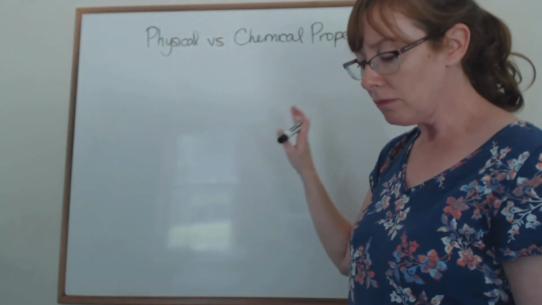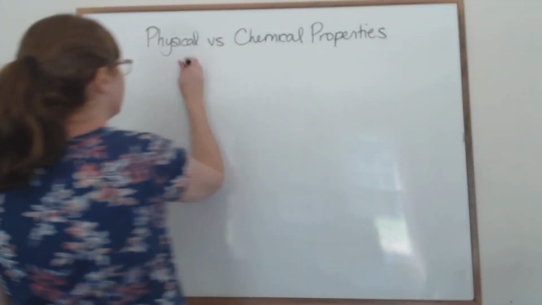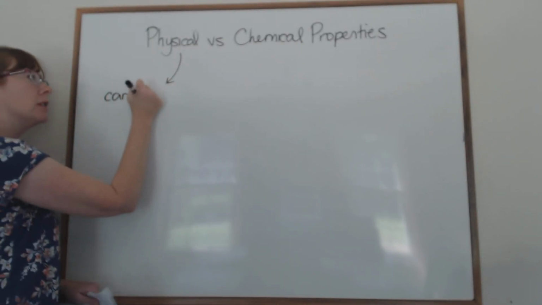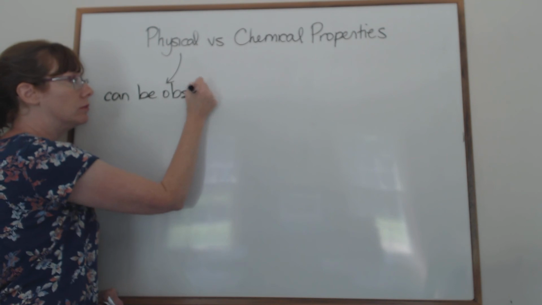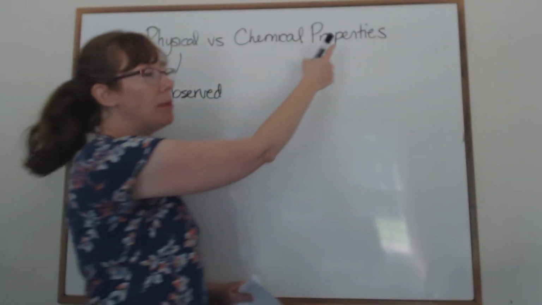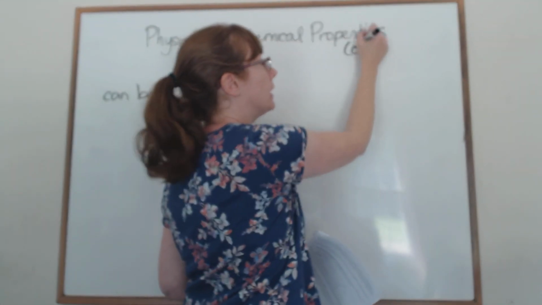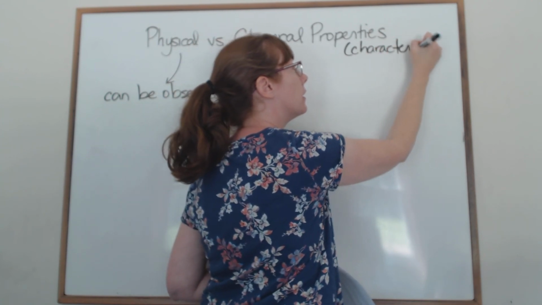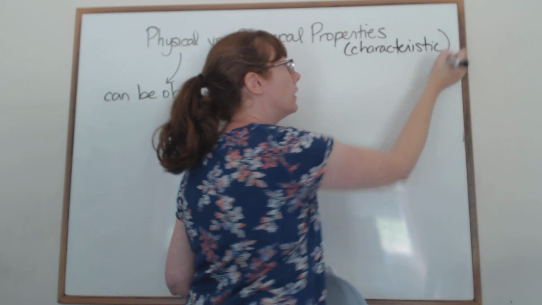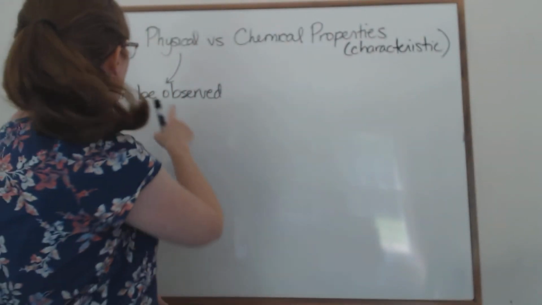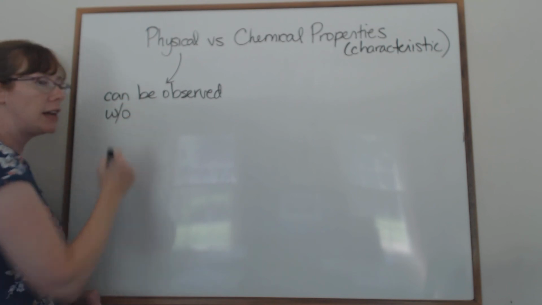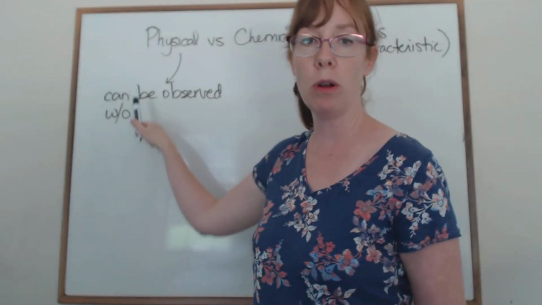All right. A physical property can be observed. By the way, a property just means a characteristic, like a description. A physical property can be observed w/o, which is just my shorthand for without.